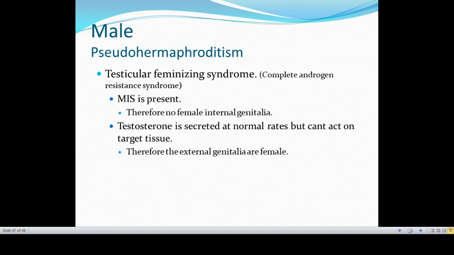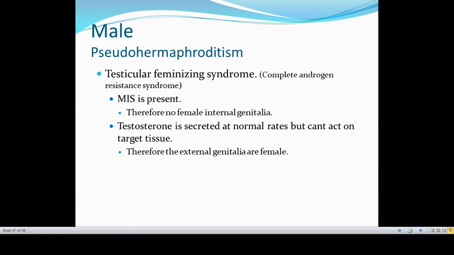In testicular feminizing syndrome, Mullerian inhibiting substance is present, therefore no female internal genitalia develop, and testosterone is secreted at normal rates but cannot act on the target tissues.